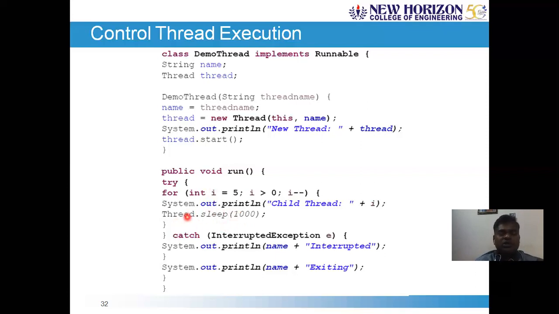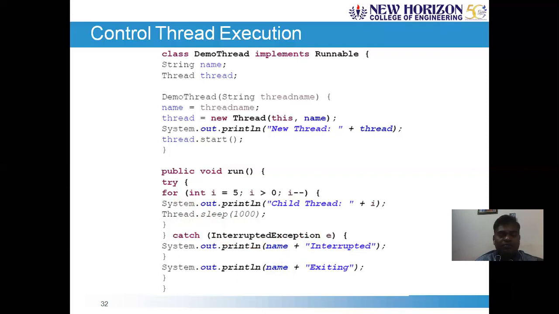Because you want to use the Thread.sleep method, it should be part of the try block, and this sleep method and wait method always throw InterruptedException. Catch that InterruptedException, and when the exception is received, print the name of the thread, whether it is A or B or C, and indicate it as interrupted.